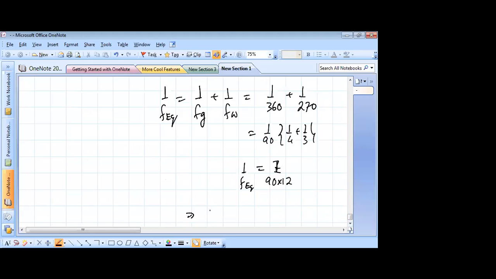So equivalent focal length is like this. Okay, so just go through this calculation and verify the working also.